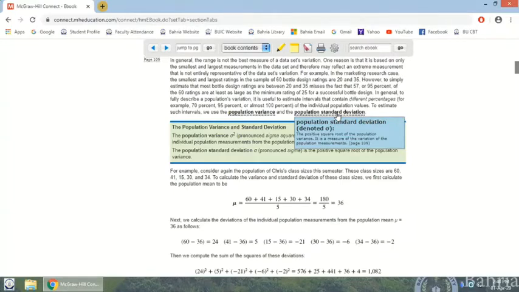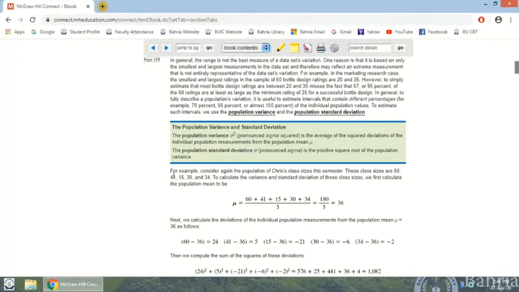And this is on page 109 of your book. You can see here that for a sample you'll have n minus 1 instead of n. And you should bear this in mind, because we need to find out an unbiased sample estimate rather than a biased one.